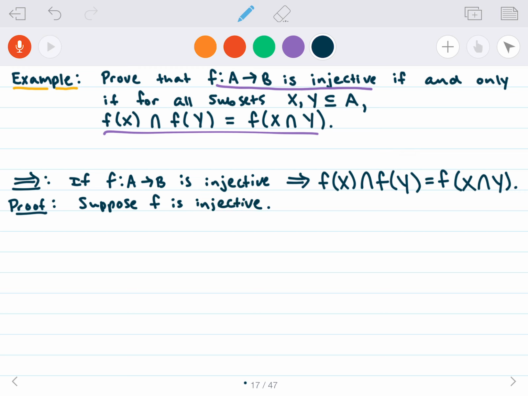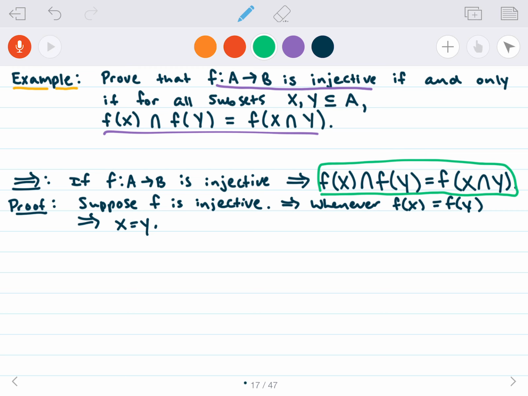Whenever f is injective, that means that whenever f of x equals f of y, x has to equal y. That's what injective means. This is just the definition. Whenever f of x equals f of y, x equals y. Now we want to show that this implies this guy right here.